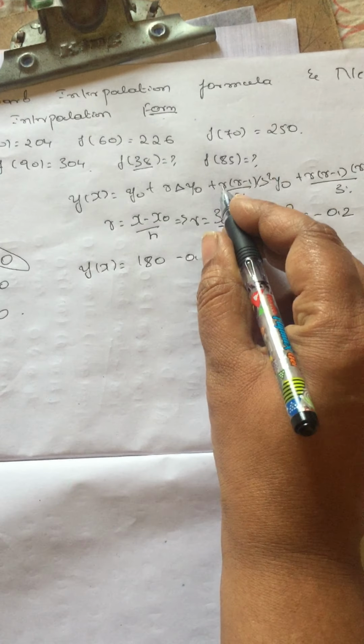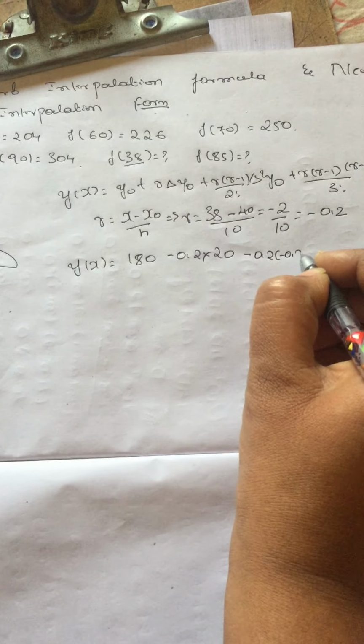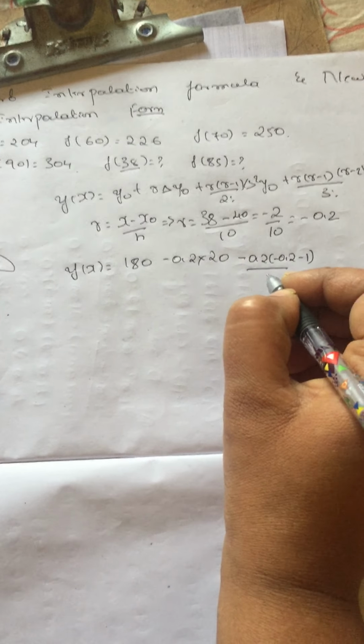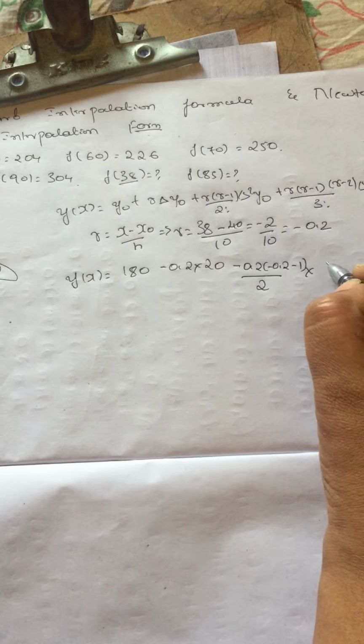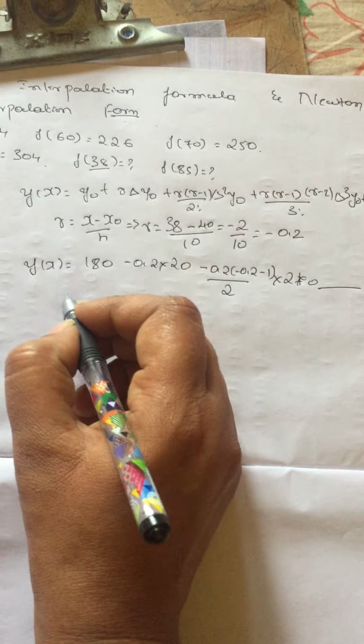Next, r into r minus 1, that is minus 0.2 into minus 0.2 minus 1, divided by 2 factorial value 2, delta square y naught value 2. Next, delta cube y naught value 0, and 0 into something is 0, so we stop there.